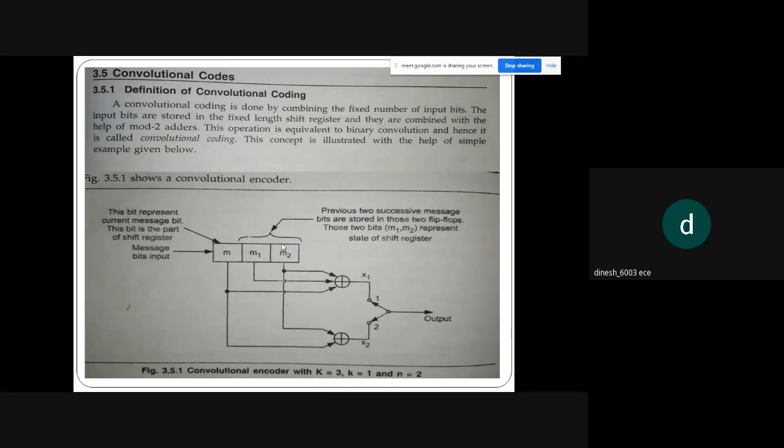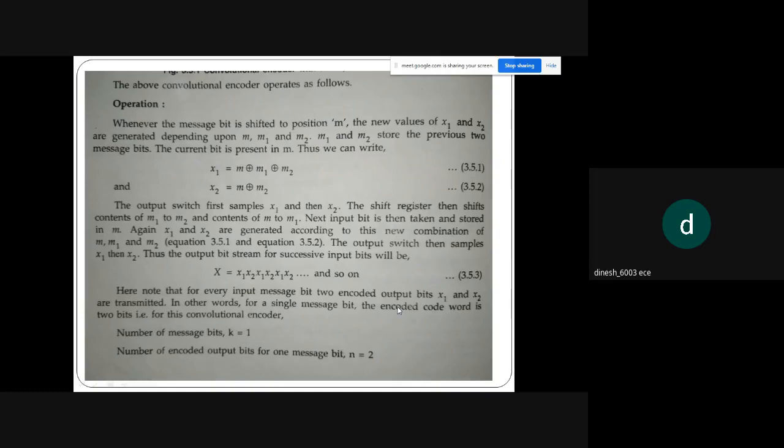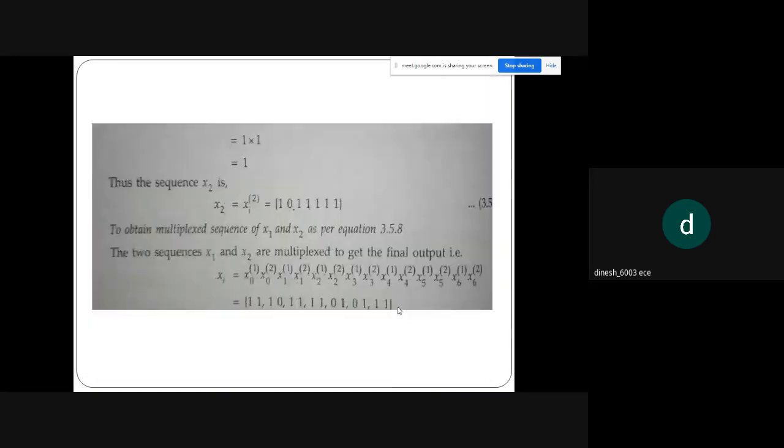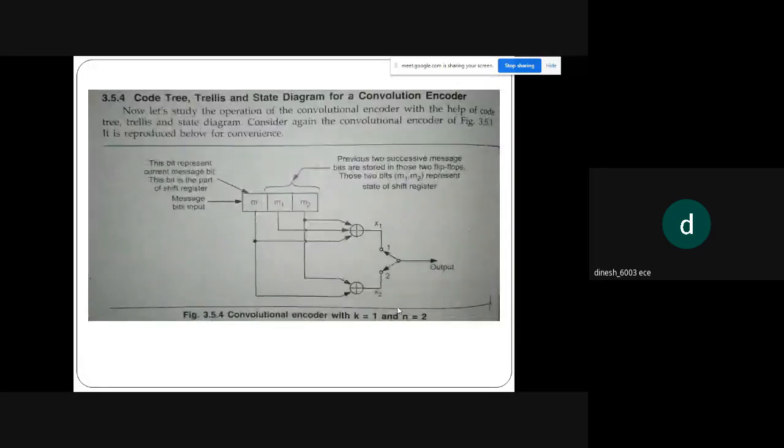So the same representation of convolutional encoder we are going to take for this topic. The diagram is the same, so next, go to the next.